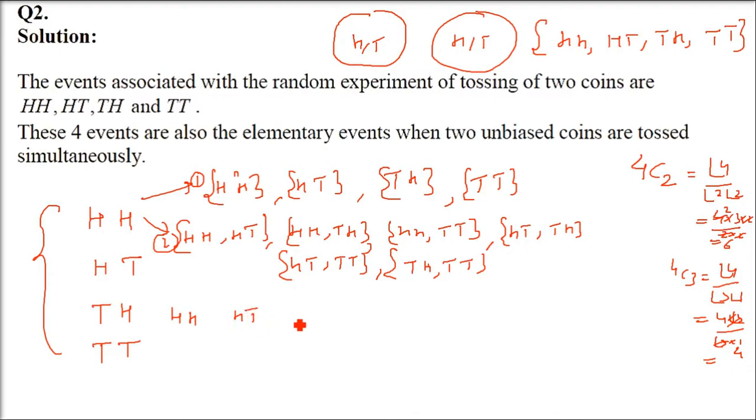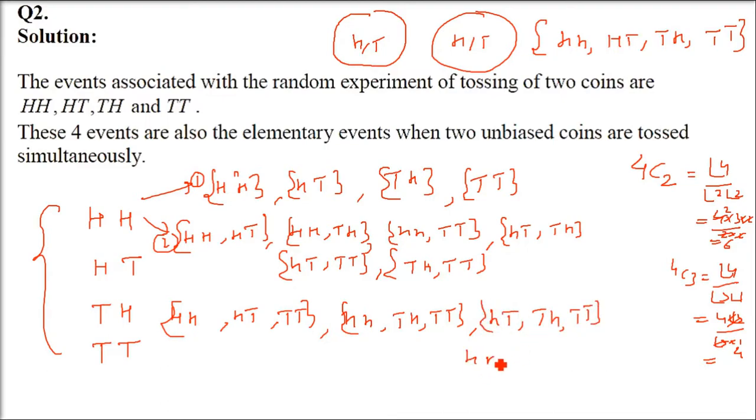HH, HT, TT, then HH, TH and TT, then HT, TH, TT, then HH, HT and TH. So, 4 of them we have to make because 4C3 is 4.